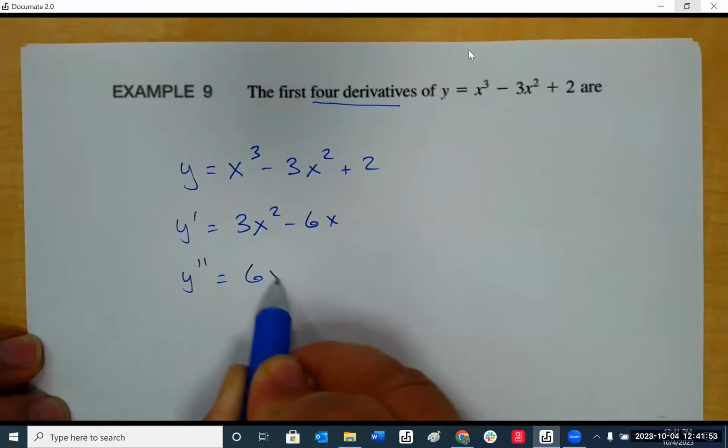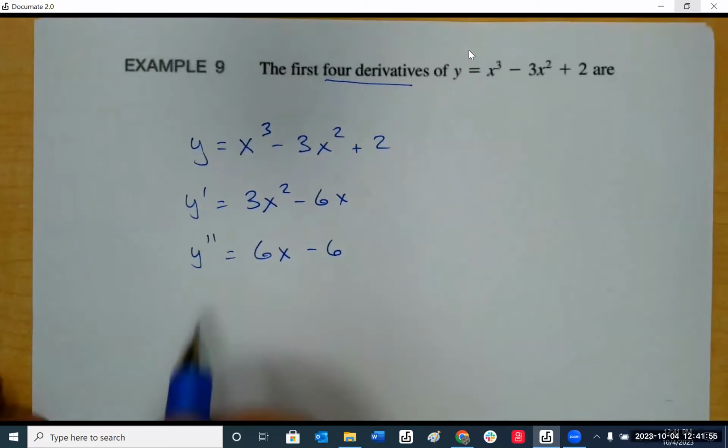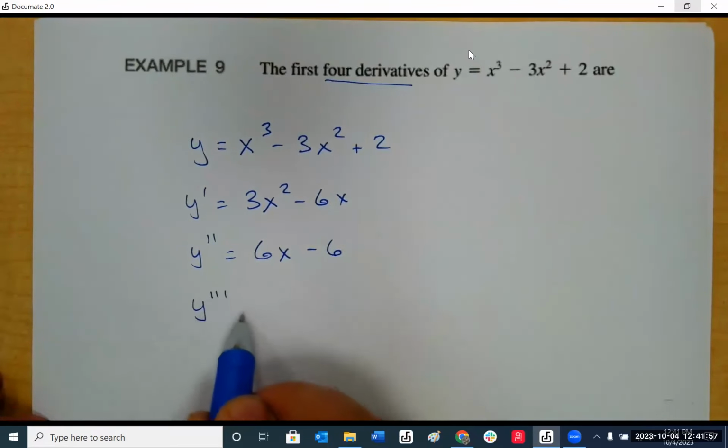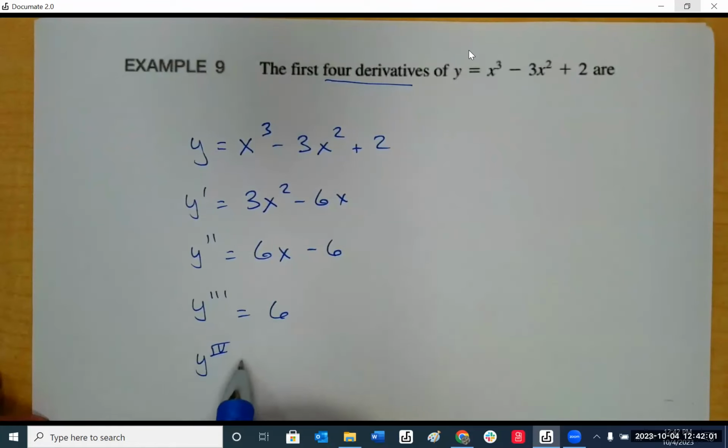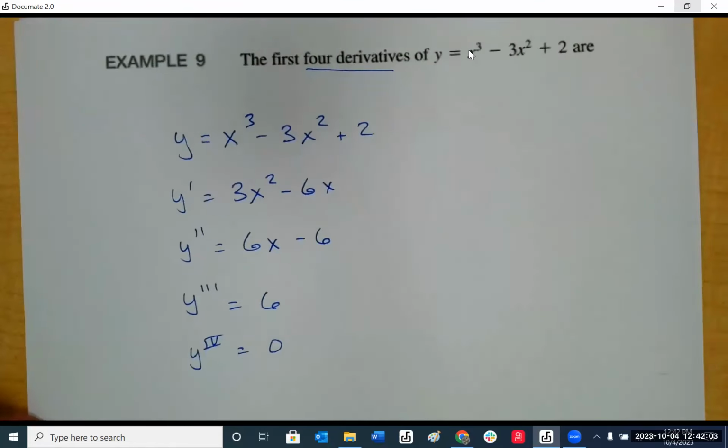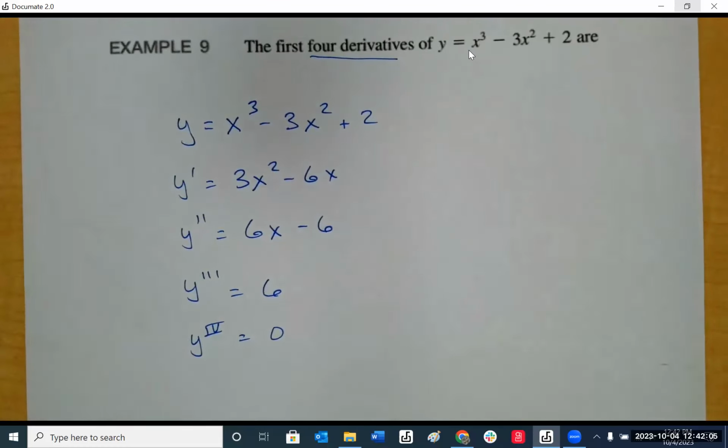The fourth. And you repeat the same process. So polynomials are easy, but if we had a quotient, it would be painful, because it would keep on growing. Yeah. So yeah, and that's it.